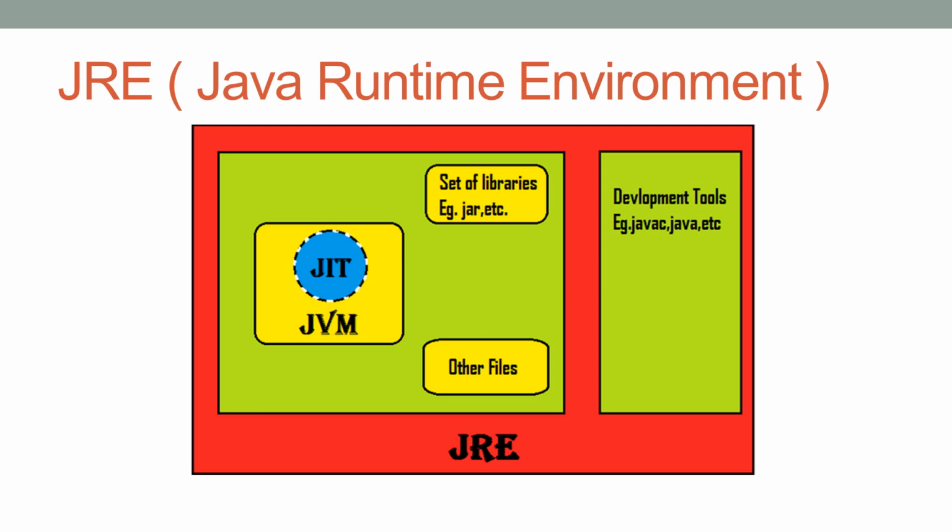Now what is the JRE? The JRE contains the Java Virtual Machine, the JIT, and it also contains a set of libraries. There are a lot of classes in Java, and those classes are required by the JVM to convert the class file into machine code.